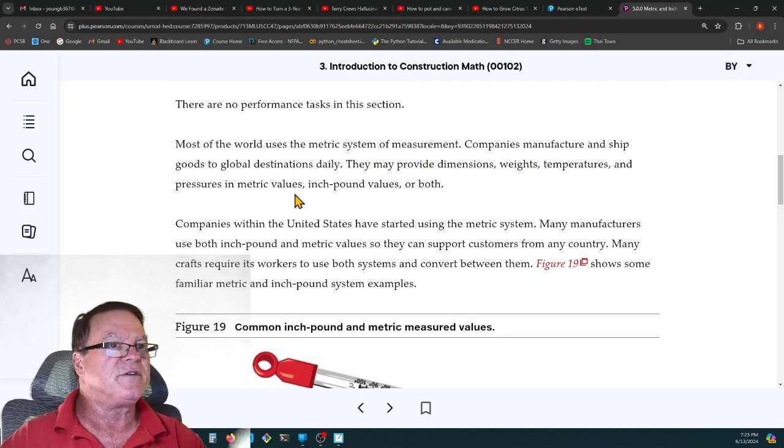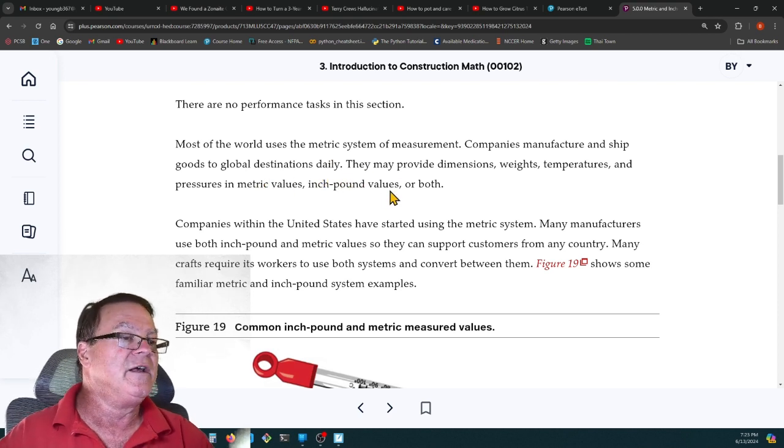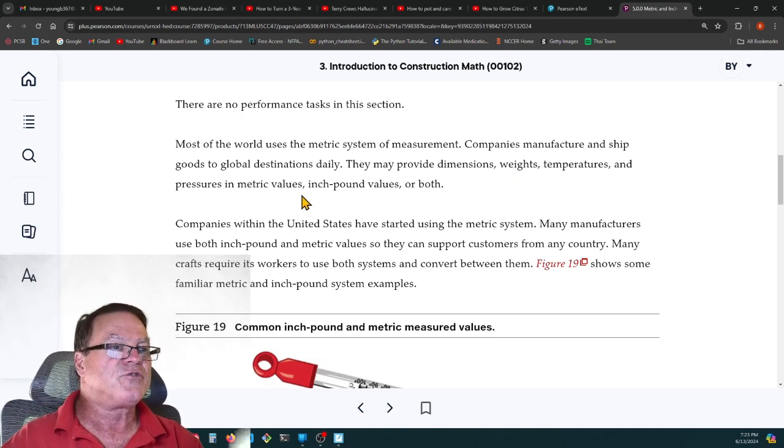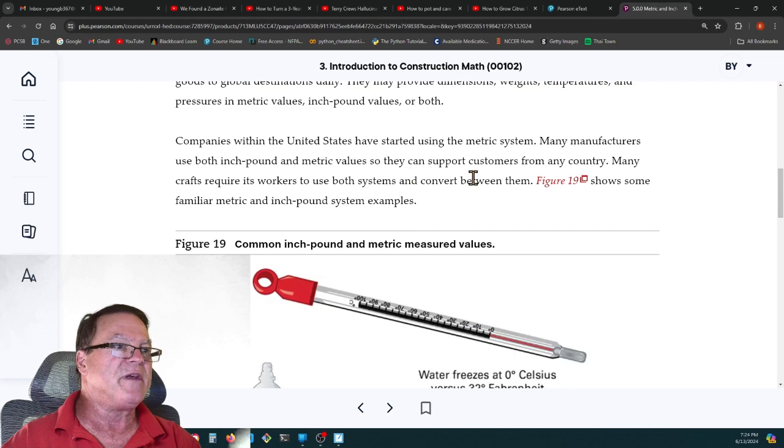Companies manufacture and ship goods to global destinations daily. They may provide dimensions, weight, temperature, and pressure in metric values, inch-pound values, or both. Companies within the United States have started using the metric system. Many manufacturers use both inch-pound and metric values so they can support customers from any country.